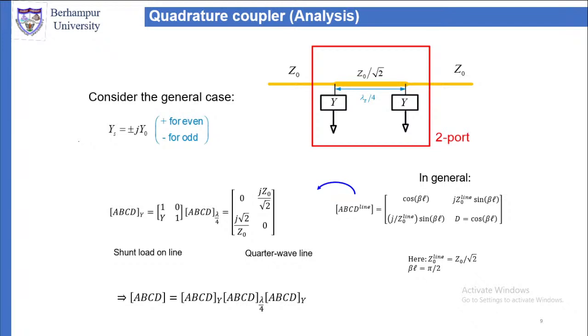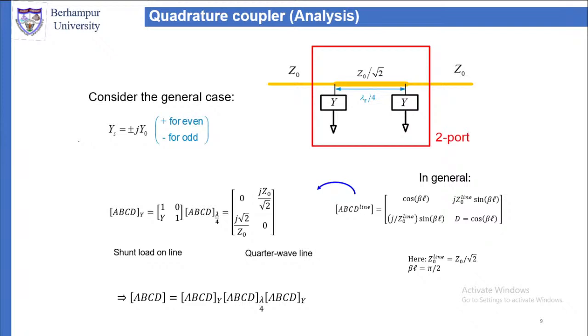Then the second part is we have three transmission lines. One is of characteristic impedance Z0, another is of Z0 by root 2, and the other is again Z0. So the Z0 by root 2 line is connected on both sides by Z0 lines.